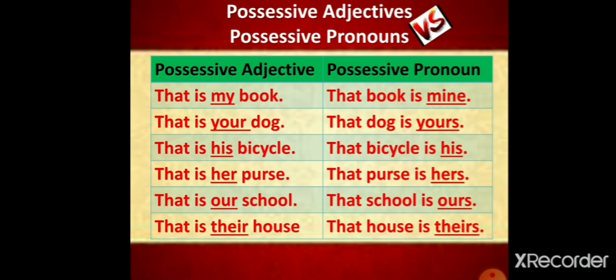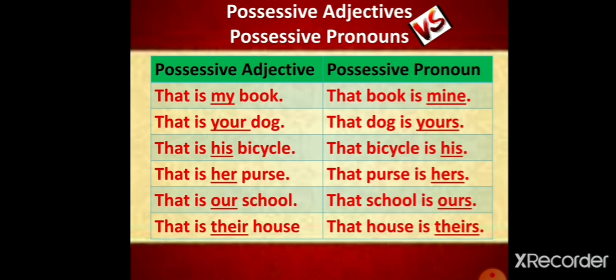Here we have two sets of sentences and we are going to compare among the possessive adjectives and the possessive pronouns. So towards the left side you can have a look at the table which says possessive adjective, and towards the right side you can see the sentences which contain possessive pronoun.